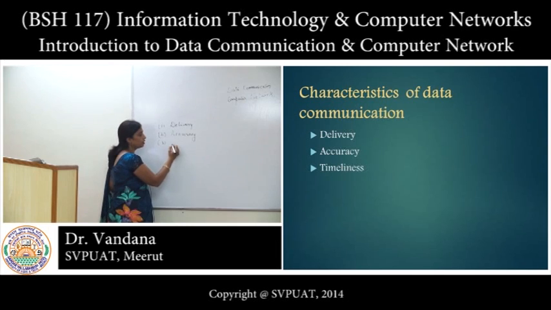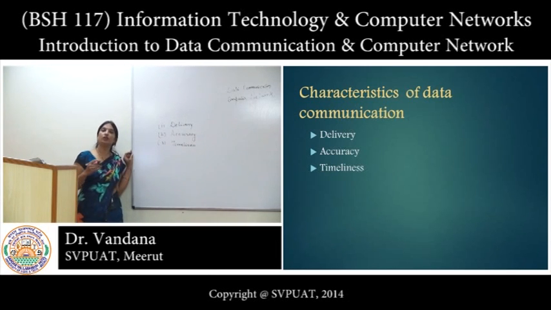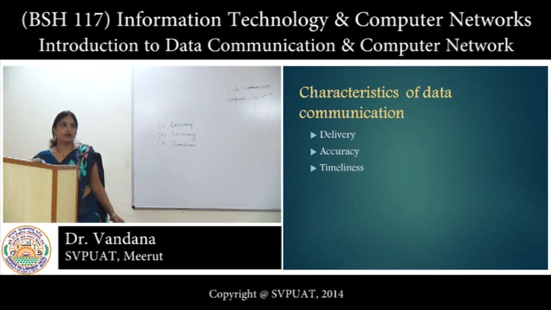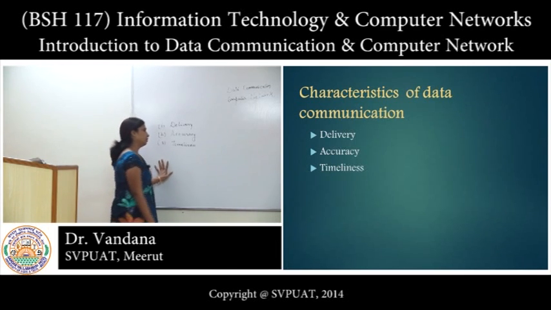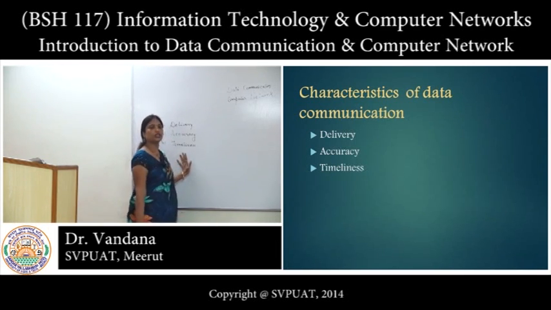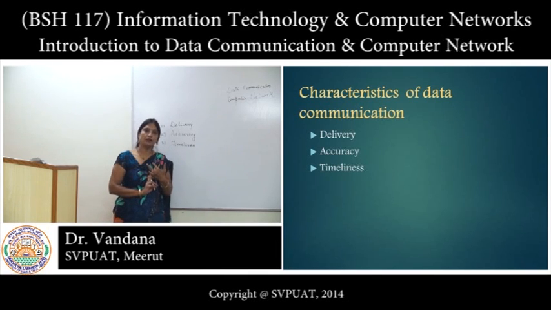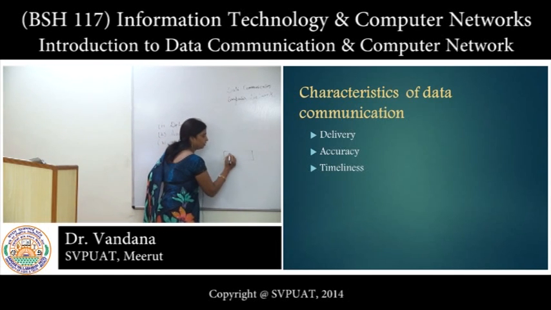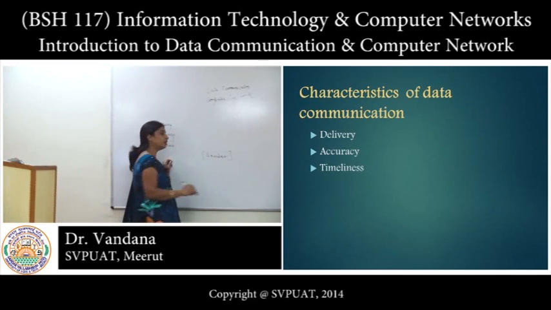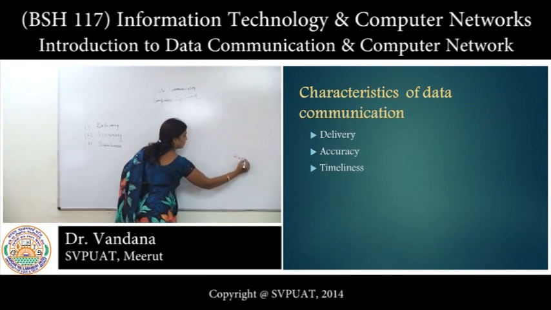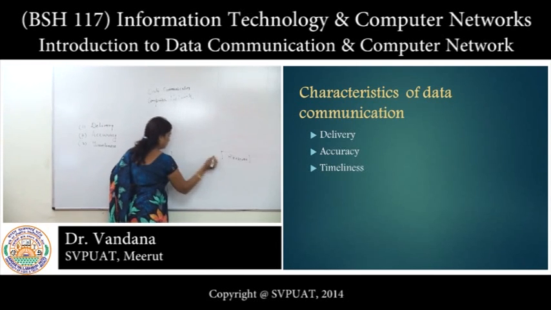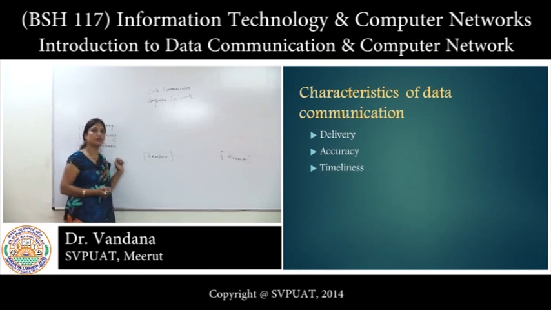And the third characteristic is that whenever information is being sent, it should reach its destination timely. Though we are aware that the components of any communication could be, number one, we must have some information, some data that is supposed to be sent. The sender of information must be there, the receiver must be there, then some communication is supposed to be established.